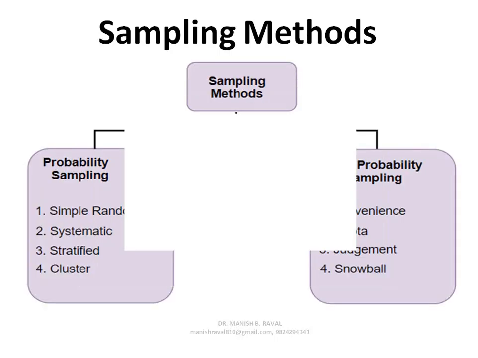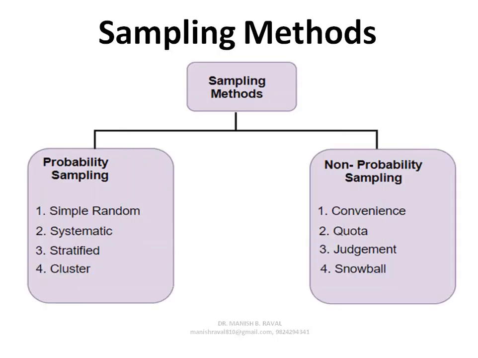Now let us learn sampling methods. There are two major types, as I said earlier: probability sampling and non-probability sampling, otherwise known as probabilistic sampling and non-probabilistic sampling. Now in case of probabilistic sampling, there are four different methods.